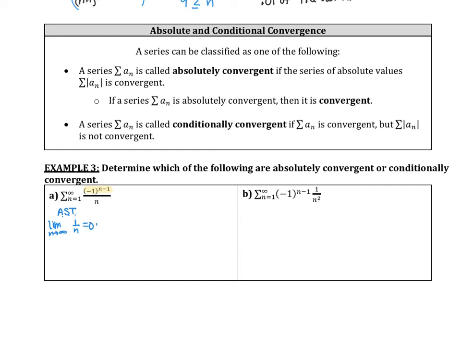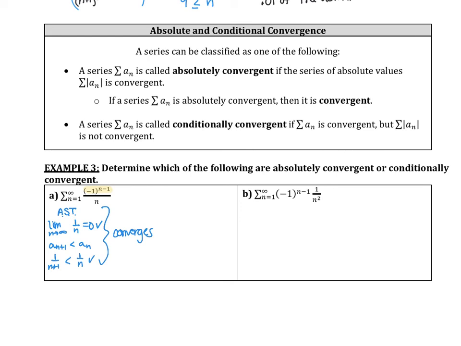And the answer is yes, so I've got that condition. Is it a decreasing series? Is 1 over n plus 1 less than 1 over n? And the answer is yes. So I know this series as it is written converges.